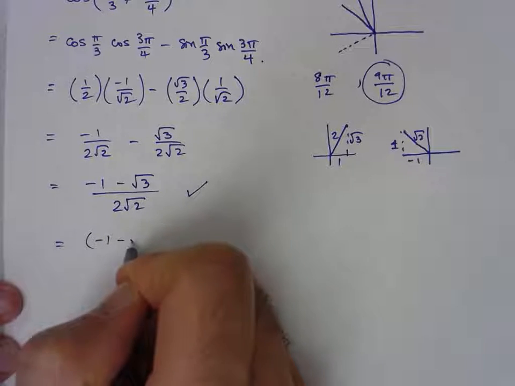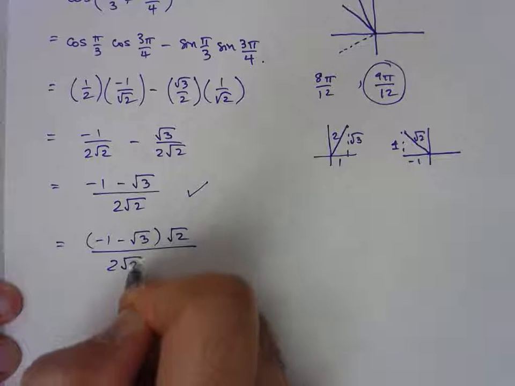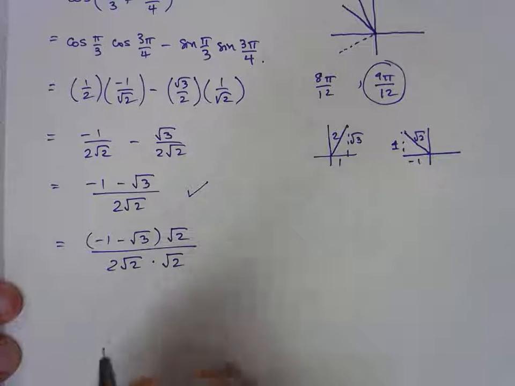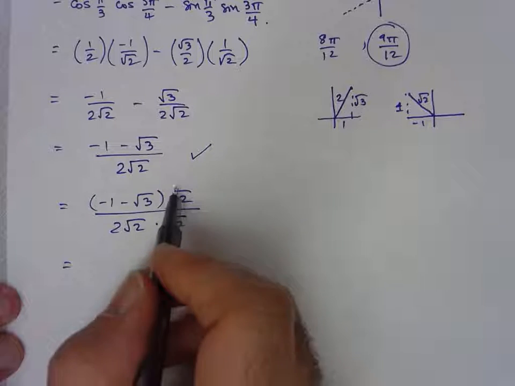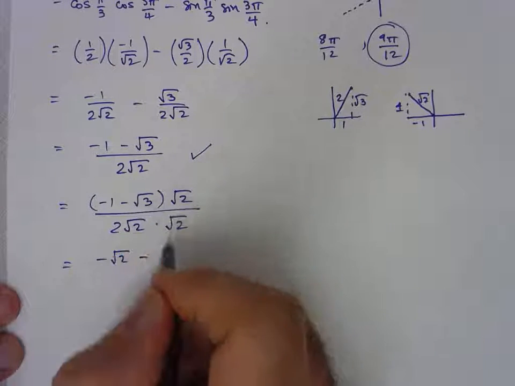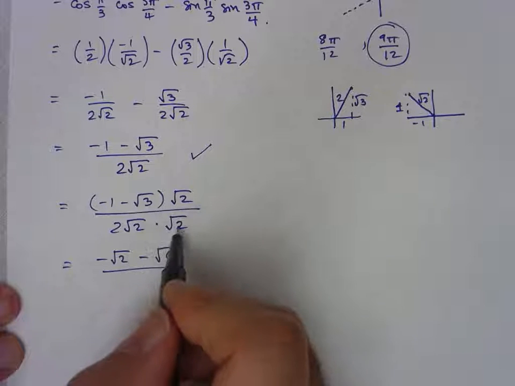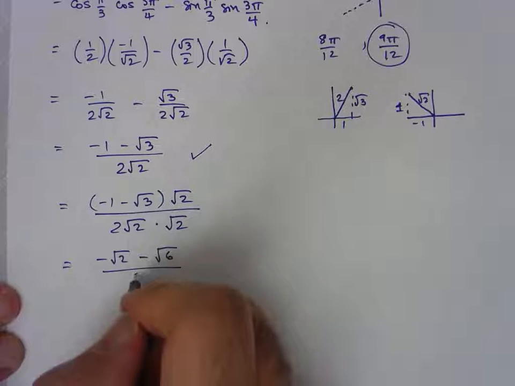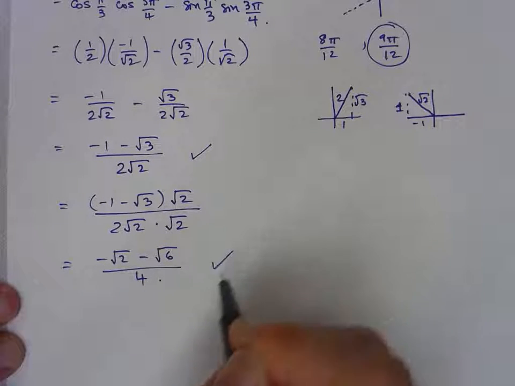So negative 1 minus root 3 times root 2, and then 2 root 2 times root 2. In the numerator, we distribute that, so negative root 2 minus root 3 times root 2 is root 6. And the denominator, well, root 2 times root 2 is 2, so 2 times 2 is 4. And that would be the answer in rationalized form.